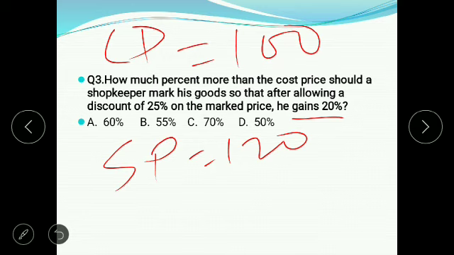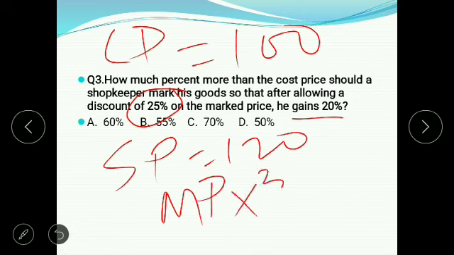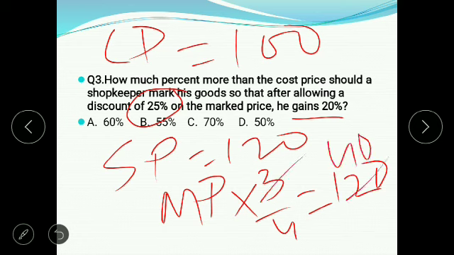Now the marked price will be such that after deducting 1/4 of it, because there is a 25% discount, I am left with 3/4 of the marked price, that will be 120. So by calculation, the marked price will be 160. That is 60% more than the cost price. So in this way I can solve this math.